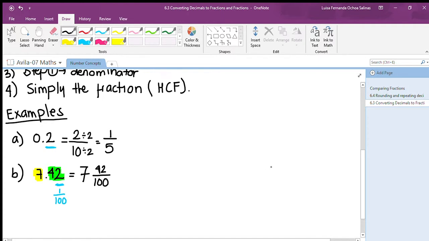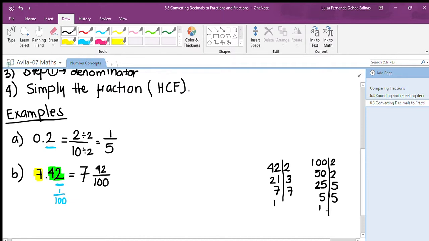Let's do it over here. I'm going to use highest common factor, so I'm going to do 42 divided by 2 is 21, divided by 3 is 7, divided by 7 is 1. 100 divided by 2 is 50, divided by 2 is 25, divided by 5 is 5, divided by 5 is 1.